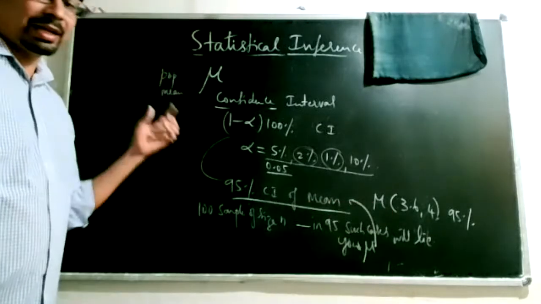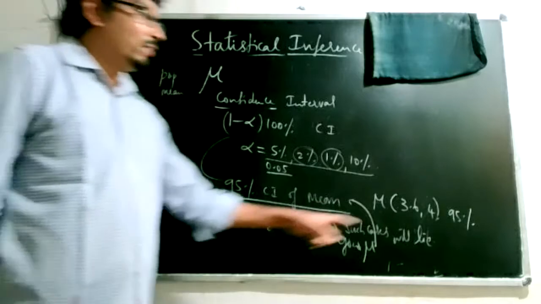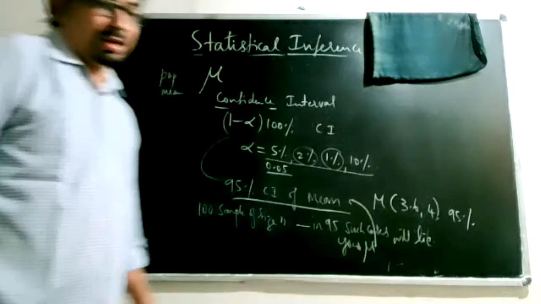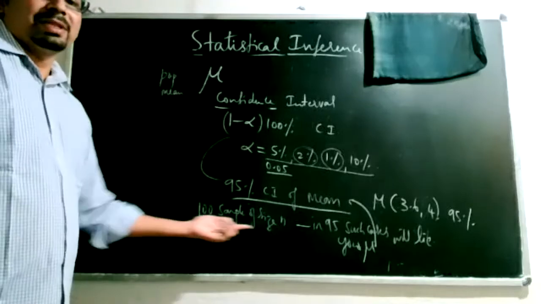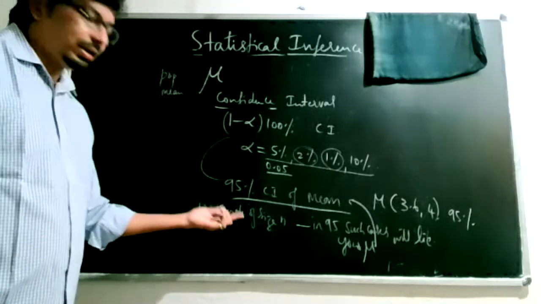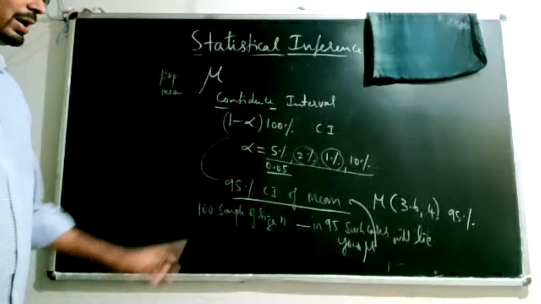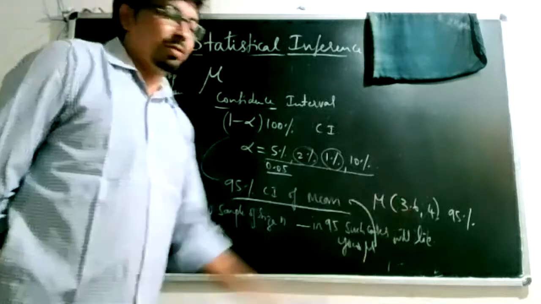By chance, you may have selected a sample which does not produce the desired value of mu. That's why we say take the sample sufficiently large and take the sample in a statistical method. If you do that, that error could be reduced.